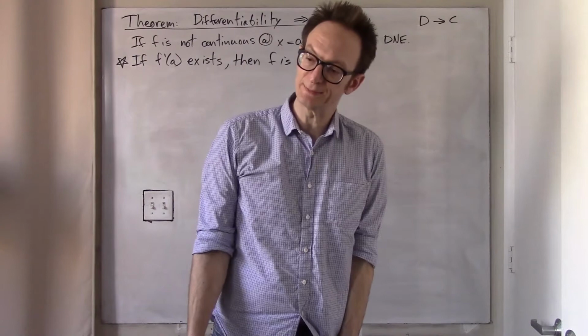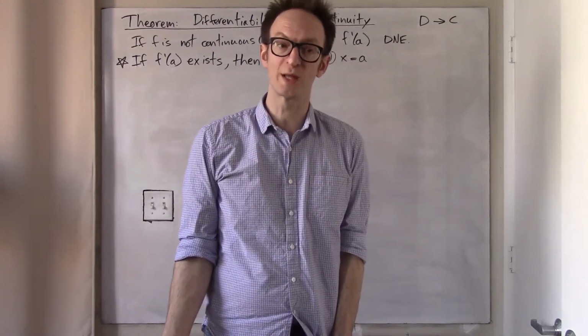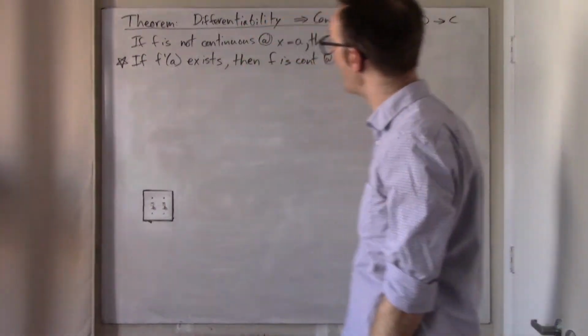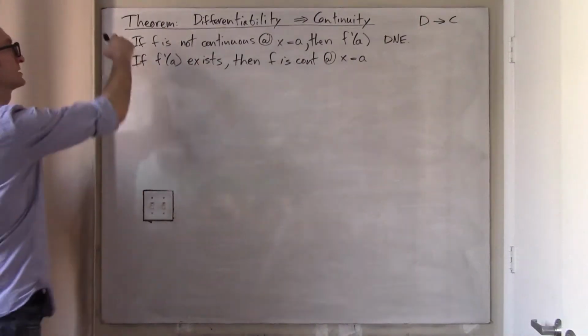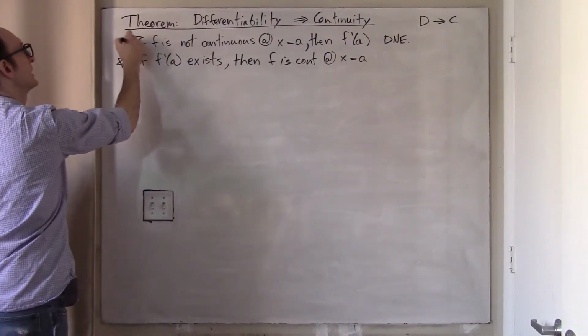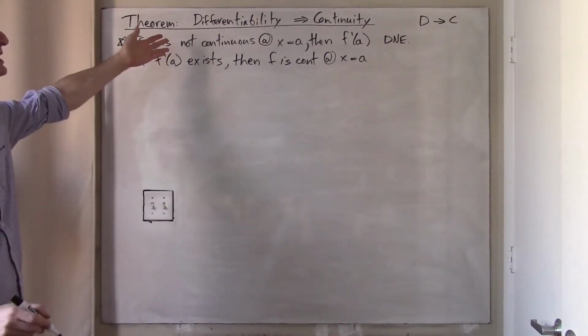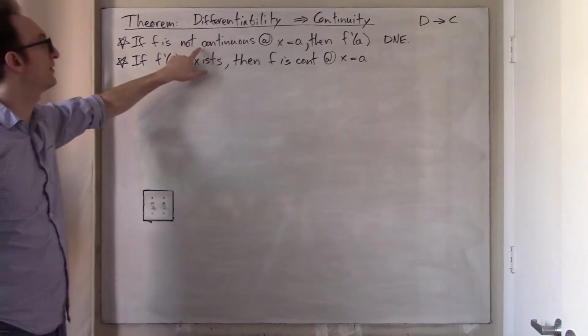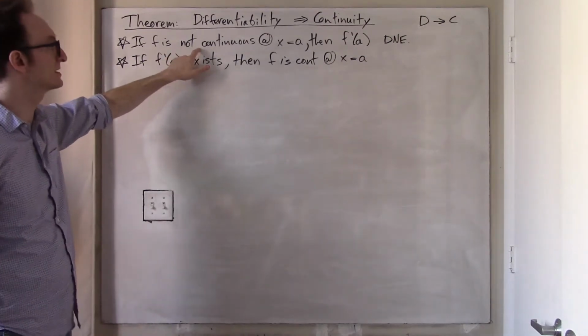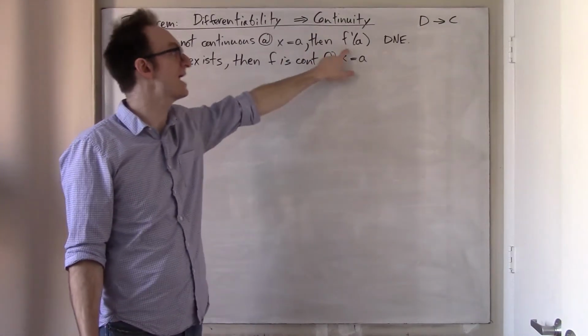But if you want to actually understand it a little bit better, I think the more natural way of thinking about it is with the kind of double negation here. This is a logically equivalent way of stating it, and it says if the function is not continuous at a certain point, then it's not differentiable.